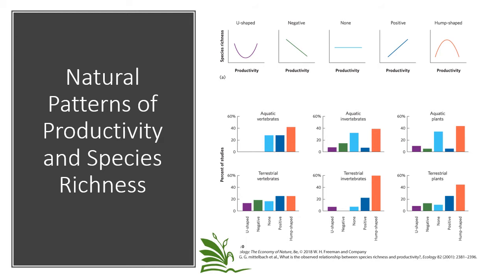So primary productivity, what we're meaning there is how much green stuff is produced annually in a season. So literally grams per unit time. So on the x-axis, we can describe productivity. So this is a more productive environment, and this is a less productive environment.